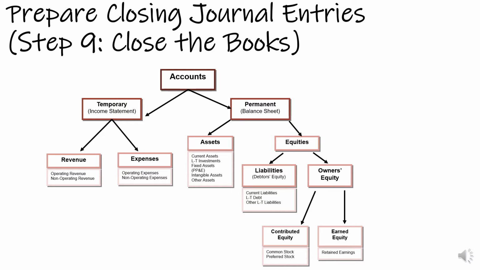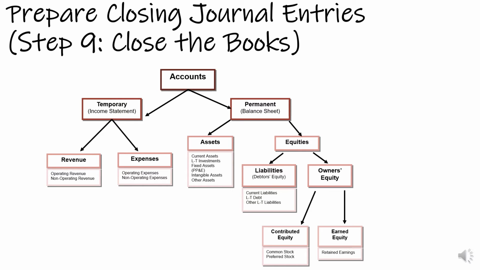This is logical given the nature of the statements. The balance sheet reflects the position of the entity at any given time. Therefore, the accounts stay open for all the time.